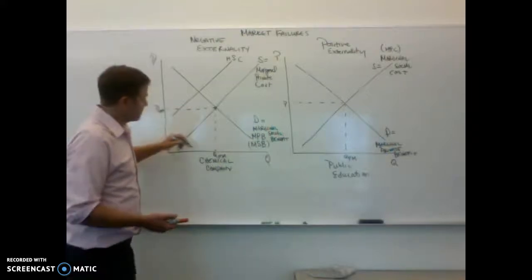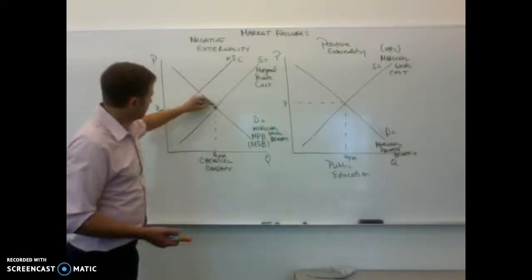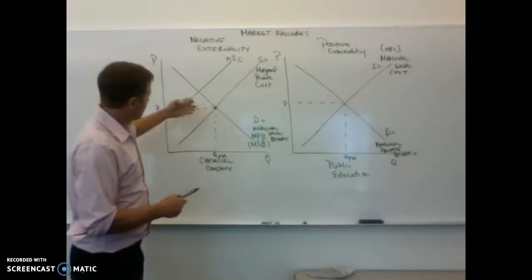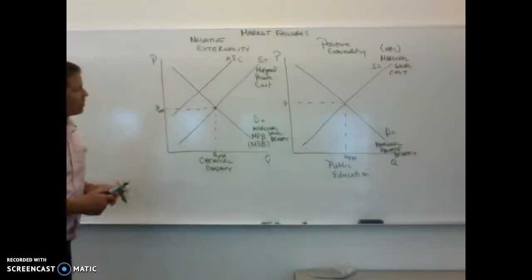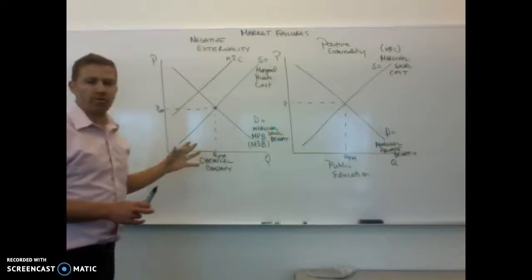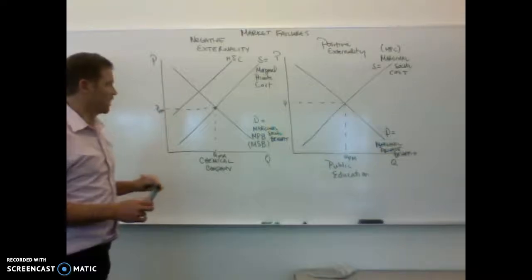So what we can see here is that at the quantity of the free market, the actual costs are significantly higher, okay? What that means is that the free market is overproducing chemicals because they have not factored in this additional cost.